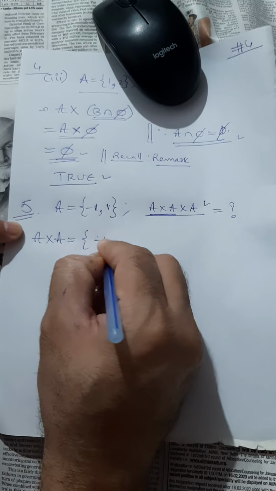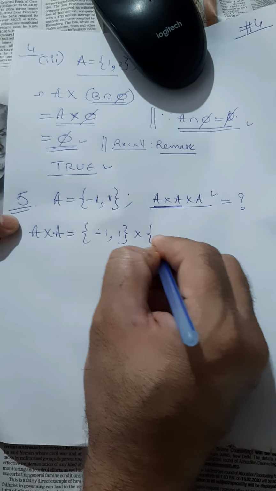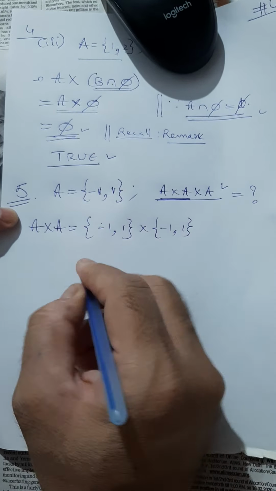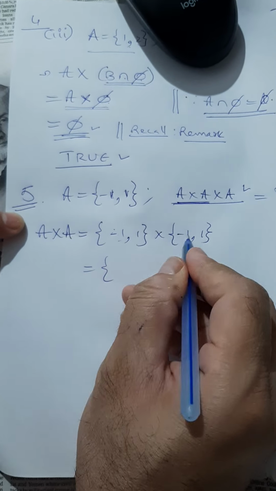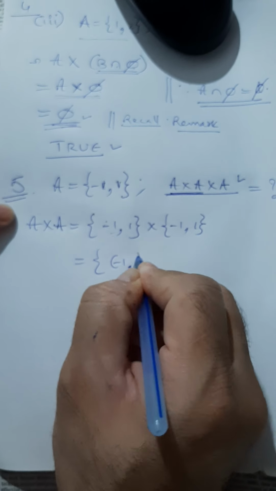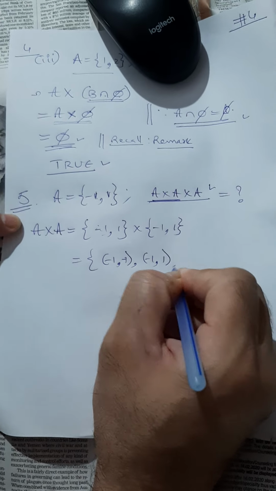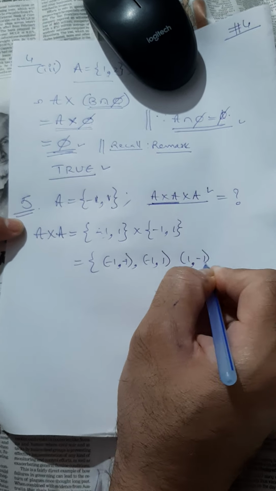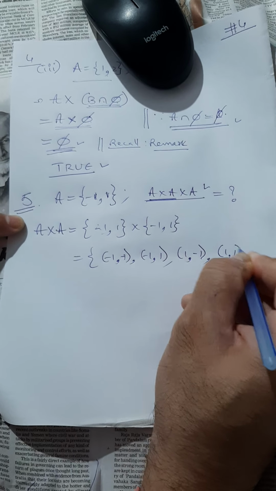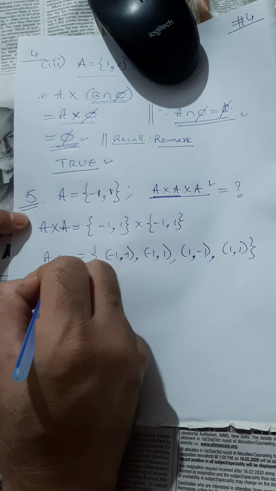So minus 1, comma 1 cross minus 1, comma 1, the cross product with itself. So minus 1 with minus 1, then minus 1 with 1, then 1 with minus 1, and 1 comma 1. These are the 4 ordered pairs in A cross A.